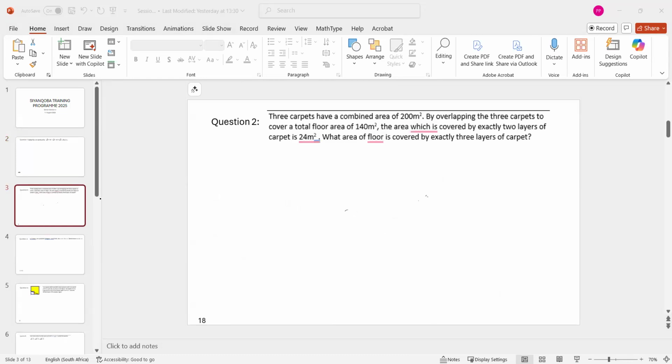All right, so here you've got 3 carpets that have a combined area of 200 square meters. So you've got 3 carpets. I'm going to make these carpets look round. So you've got 3 carpets.